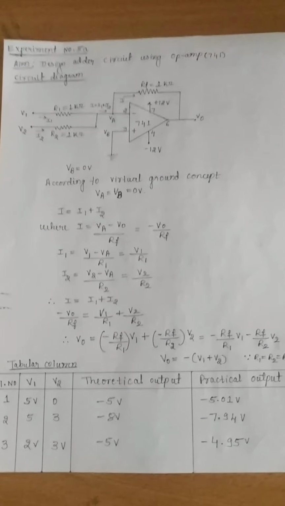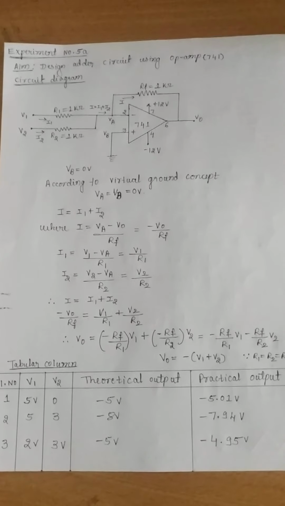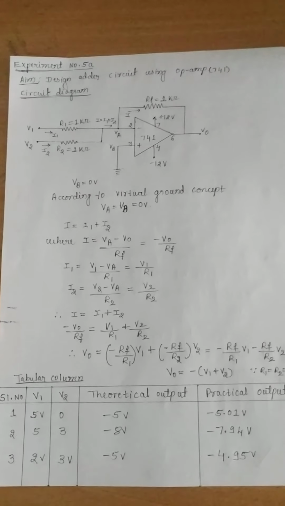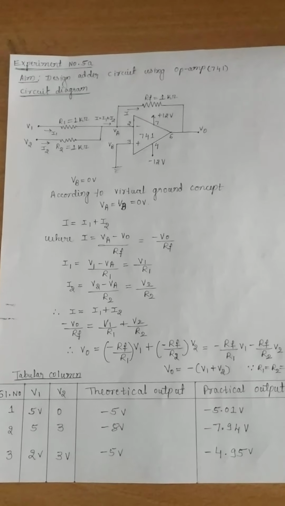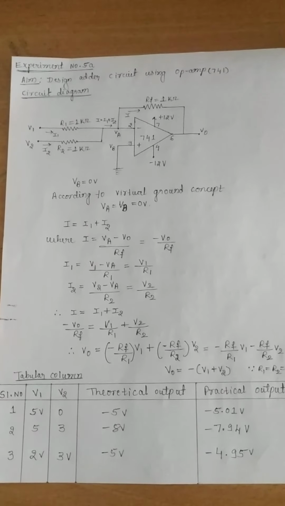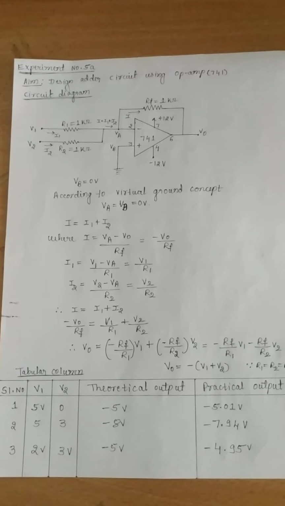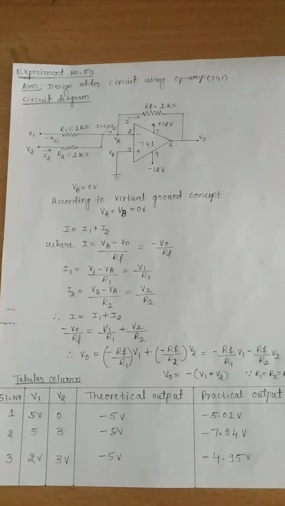So I have written here I is equal to I1 plus I2, where I is equal to VA minus V0 divided by RF. I is the current flowing through the feedback resistor RF. Since VA is equal to 0, we get I is equal to minus V0 by RF.